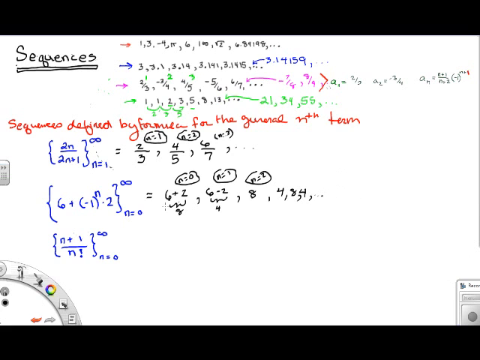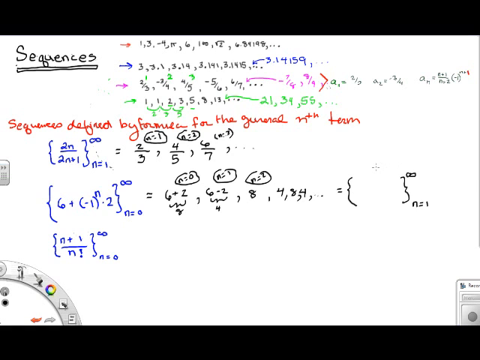Now, notice I started with n equals 0. Sometimes that's convenient, but sometimes we might want to change that. We can always describe this in terms of n equals 1 to infinity as well. Well, notice that in this case, the only thing that changes with n is the exponent on the negative 1. If I start at n equals 1 to infinity, I want to make sure that I start with an even exponent, right?